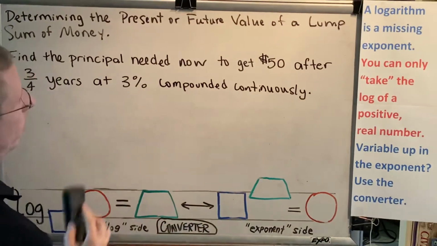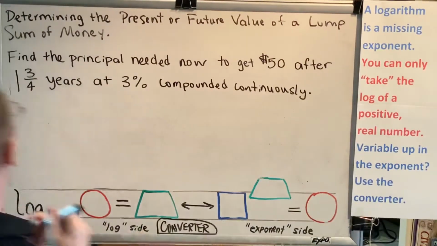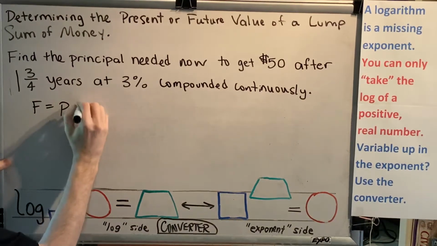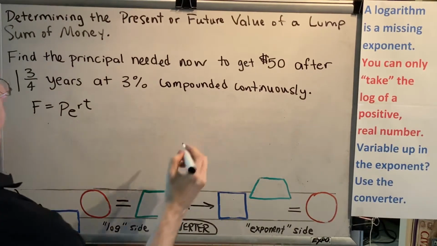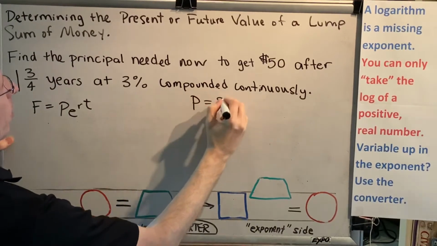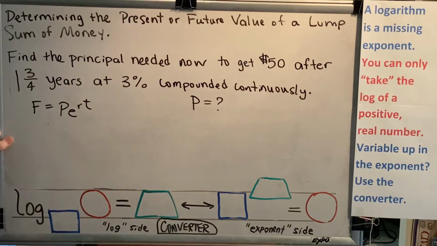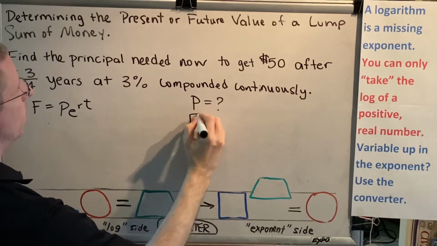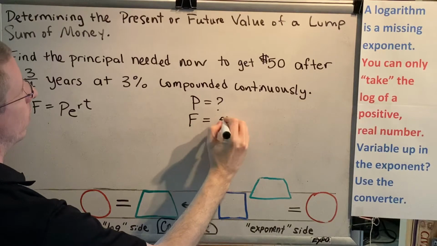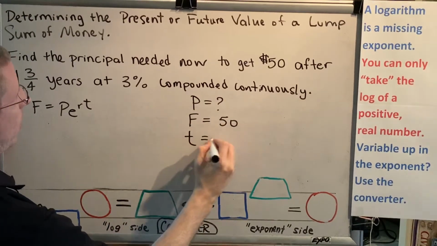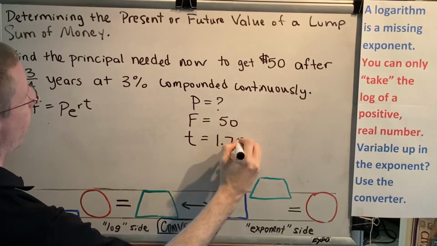Let's solve this problem. Continuously, we need the PERT formula, F equals Pe^(rt). And we read the problem and write what we learned. Find the principal, so P is our unknown. P equals question mark. To get $50 after some period of time, so that's money in the future. Specifically 1 3/4 years, so T equals 1.75.